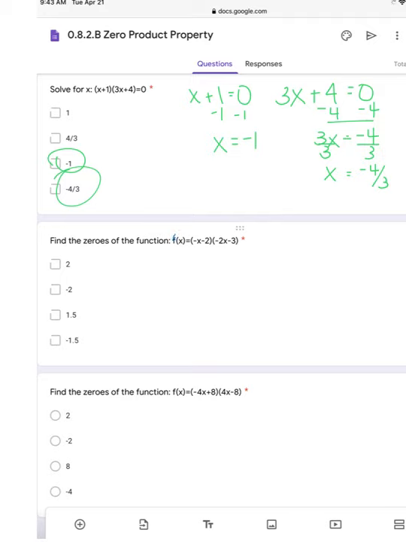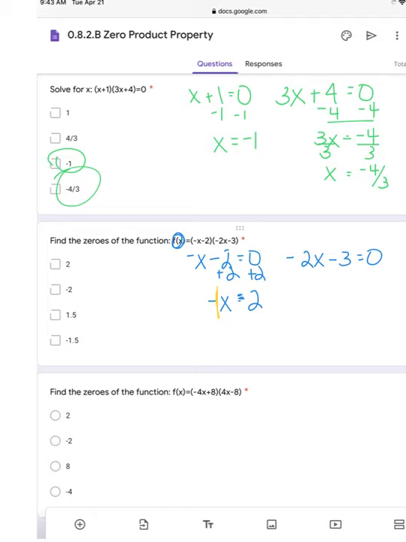So we're finding the zeros, so we want this to be equal to 0. So negative x minus 2 equals 0. Negative 2x minus 3 equals 0. Add 2. So we have negative x equals 2. That's like having, remember, an invisible 1 in there.